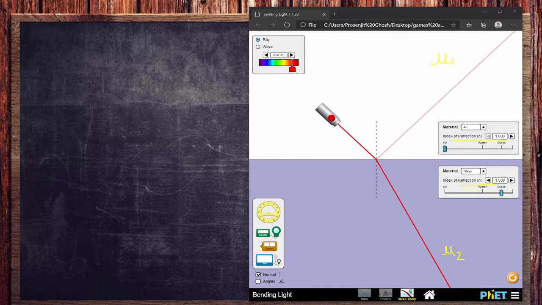But what should be the real path of the light if the next medium is absent?